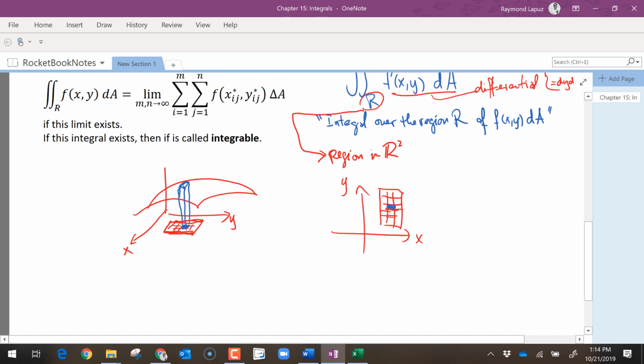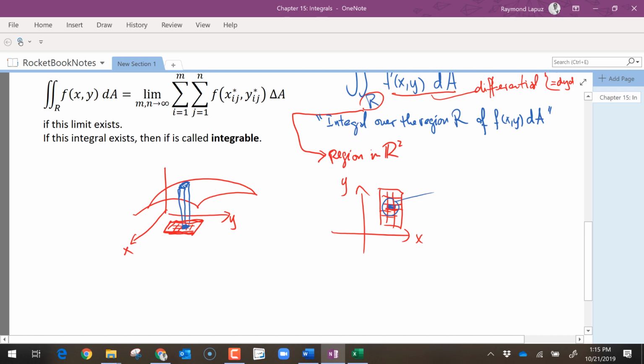And since we're estimating, we don't want a curved top, we're just going to have a flat top. But in that flat top up here, what we need to do is choose one point.